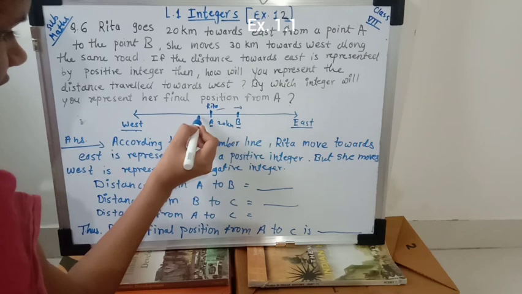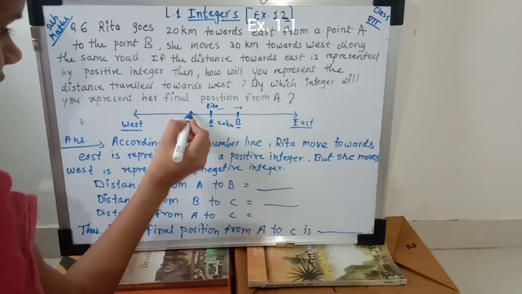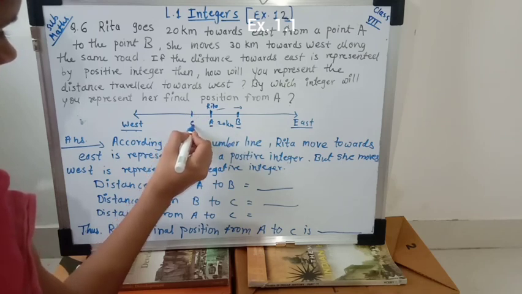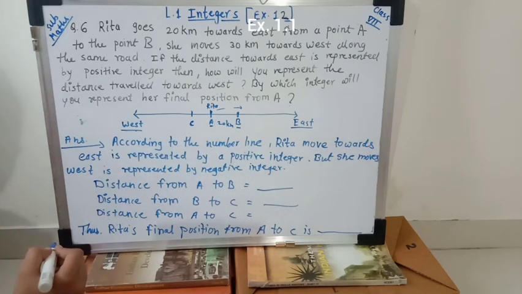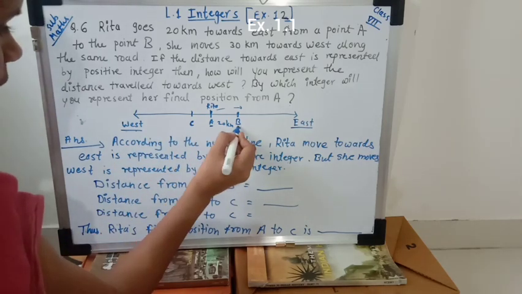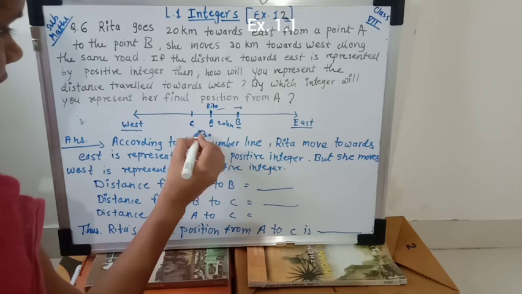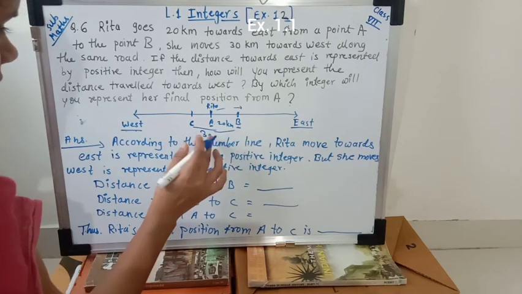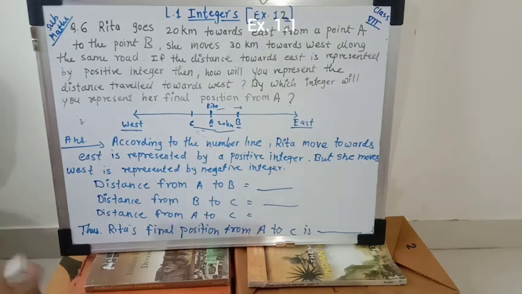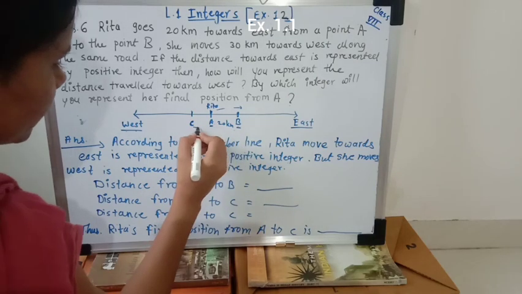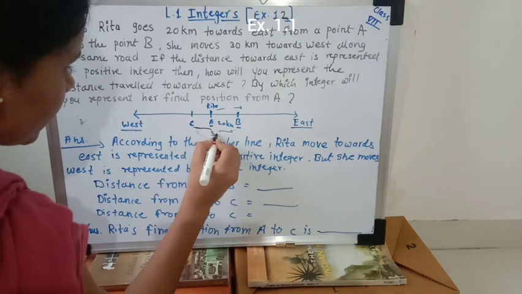So let's consider this is point C, and this distance from B to C is 30 kilometer.